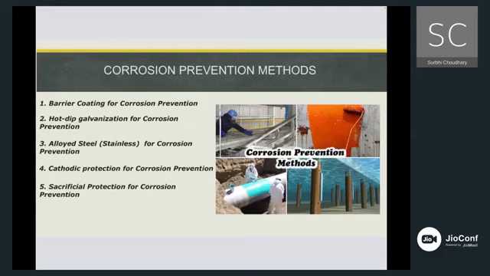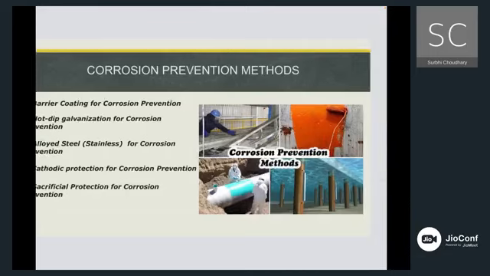First, there are particular 5 methods I am talking about here. Barrier coating for corrosion prevention, hot dip galvanization method. Third one is alloyed steel, which we can build basically in the stainless steel method. Fourth one is cathodic protection method. Fifth one is sacrificial protection method.